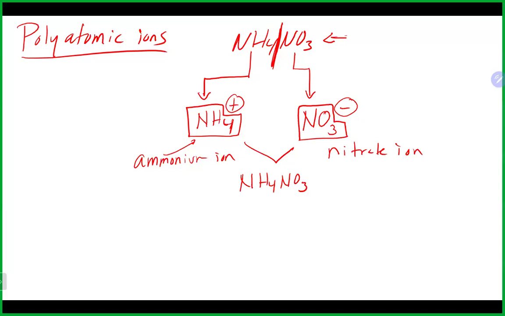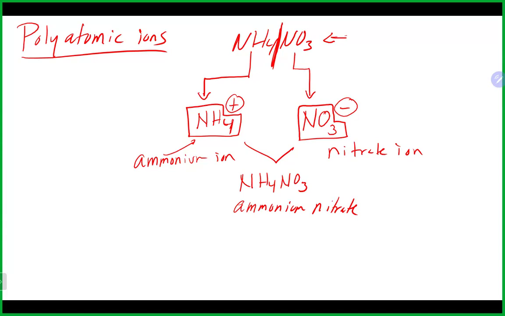You just simply use the whole name of the polyatomic ion. In this case, since they're both together, this is what is known as ammonium nitrate, and that would be the name. And again, it wouldn't matter if I had like 3 nitrates or 4 ammoniums. It would still just be called ammonium nitrate in that particular case.